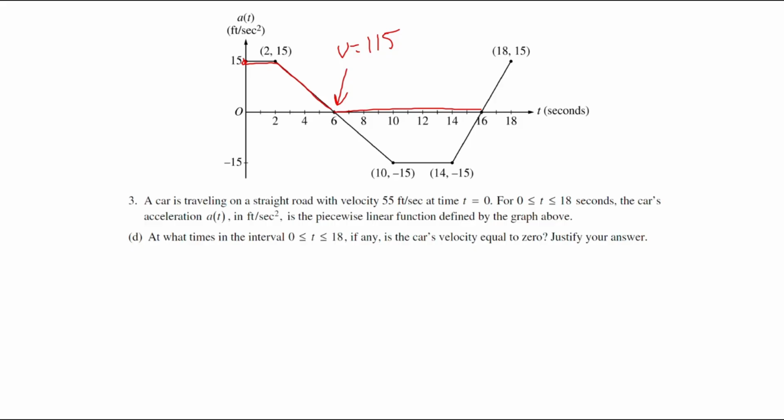If the integral from 6 to 16 of a of t is not at least negative 115, which is what would drop us down to 0, then we know it doesn't. But if there is at least negative 115, then we're going to have to find out exactly where it does equal negative 115. So let's see what the integral from 6 to 16 of a of t dt is.